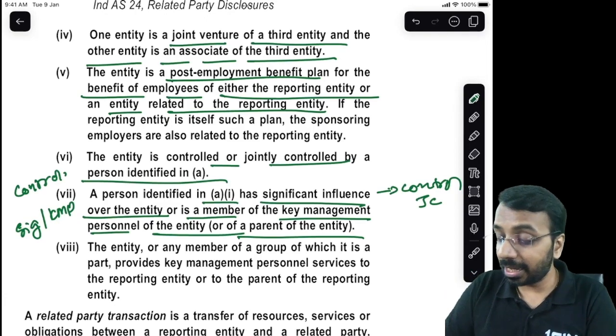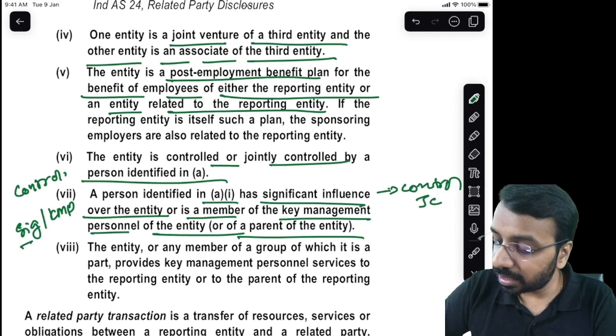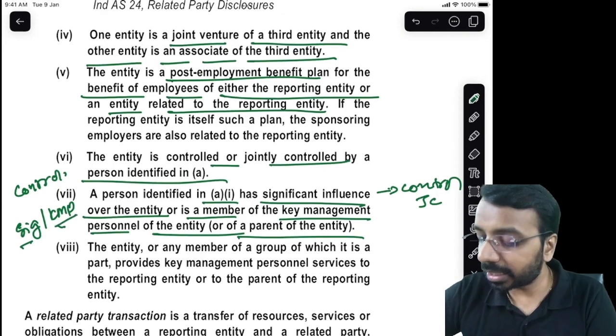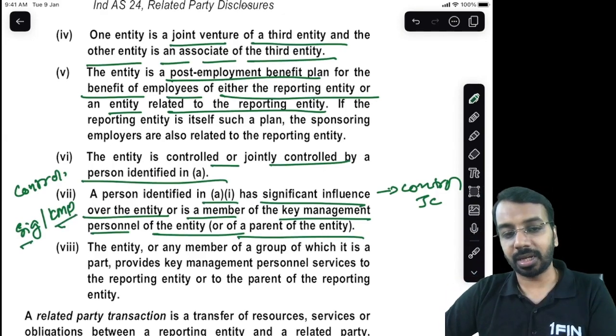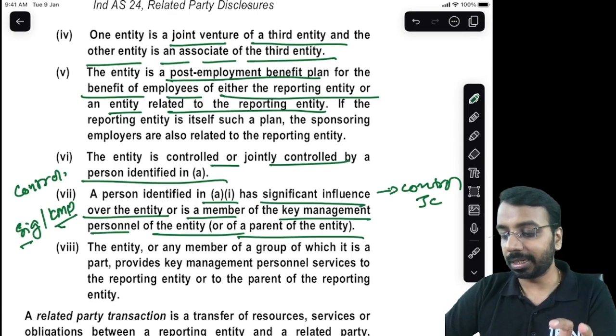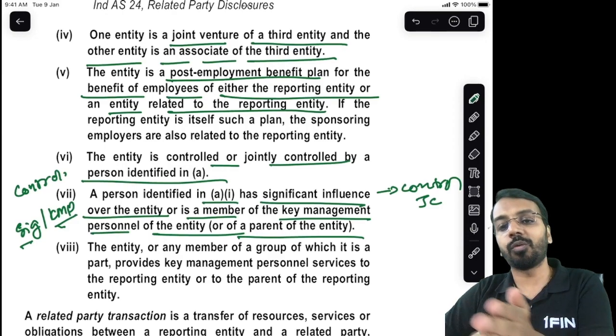Now, sir, can I say that I have a significant influence or KMP, or I am a KMP of the reporting entity, and then I have control over another entity?